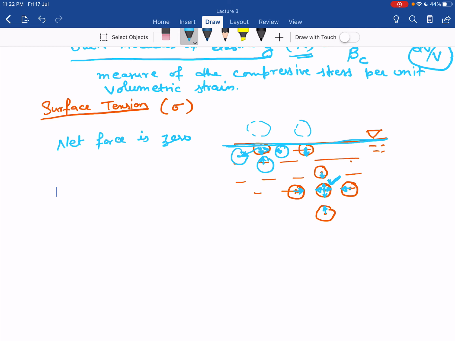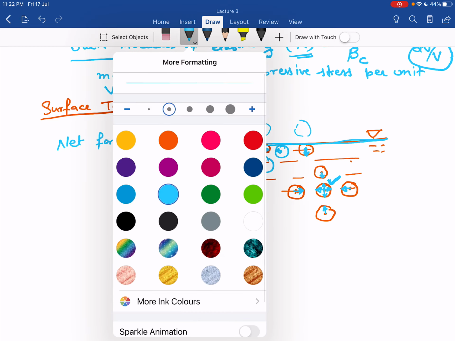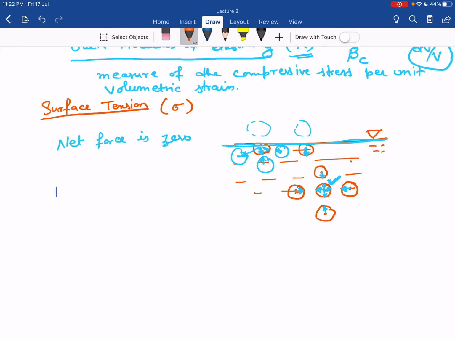So for that, we consider a unit surface area and we apply some force to take the surface molecules out from the surface.